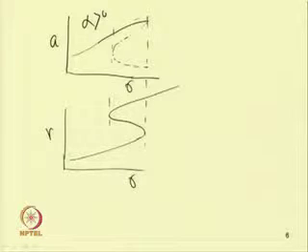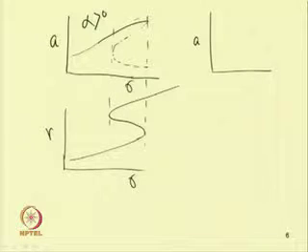One can also plot for alpha less than 0 or alpha equal to 0. Alpha equal to 0 is the linear system, and already we know that for alpha equal to 0 the system response will be like this, A versus sigma.